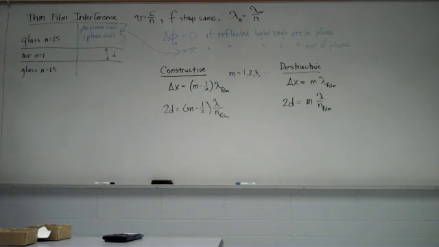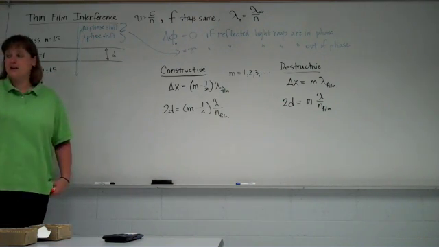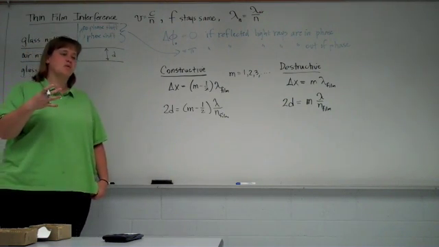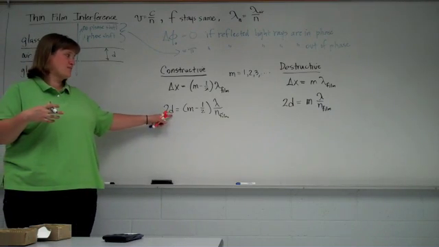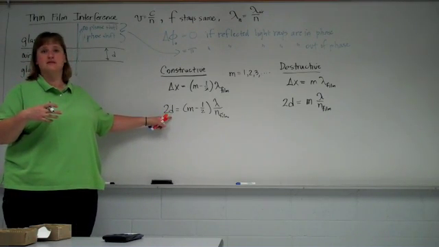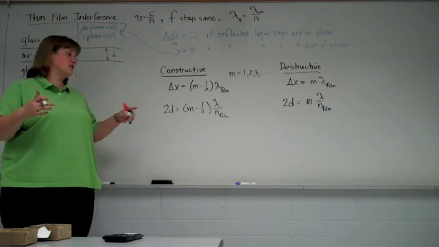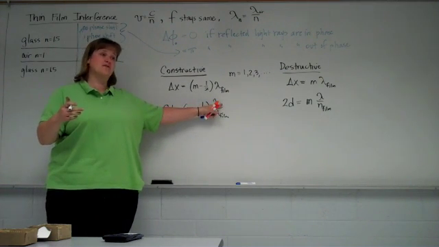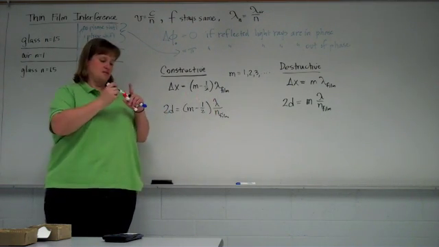And we could ask similar questions. If we're looking at these little rings and we see red or we see blue, we see a certain wavelength, we can figure out what possible thicknesses it could have. Or we could be given a possible thickness and figure out which wavelengths we could see. Let's look at that.